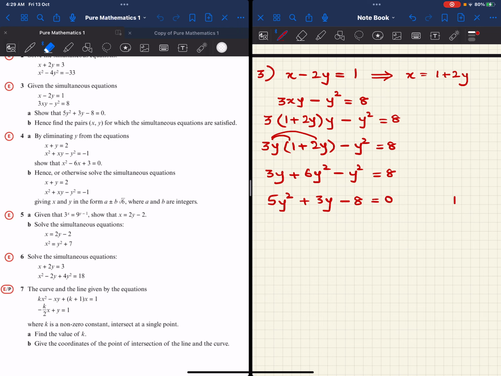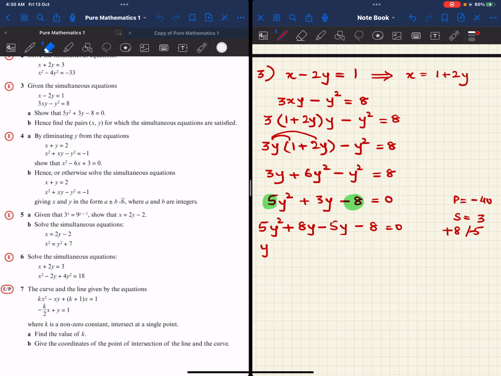So my product for the quadratic equation is 5 into negative 8, which is negative 40. My sum is 3. So the numbers are 8 and 5, where 8 is positive and 5 is negative. So I split the middle term: 5y squared plus 8y minus 5y minus 8 is equal to 0.